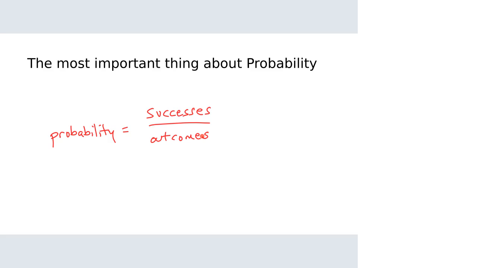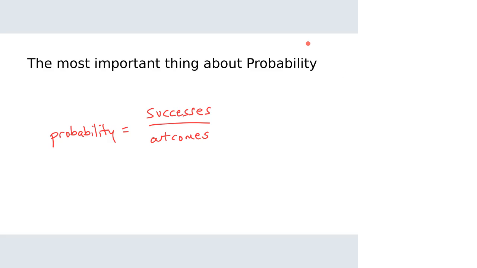If there's only one thing you remember today, going forward the next week or two, probability is successes over outcomes. Maybe write this one on your mirror so that you see it every single day, all the time, that probability is successes over outcomes.